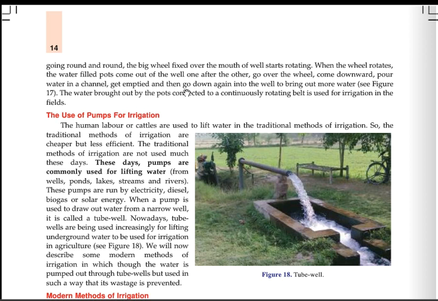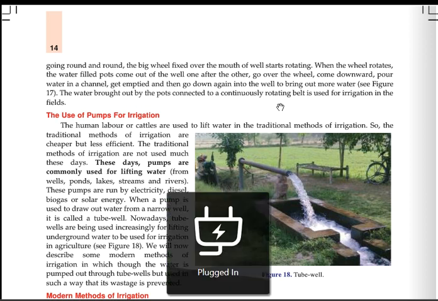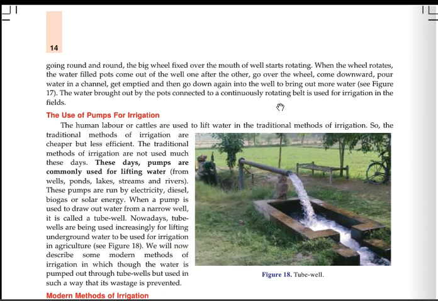The big wheel fixed at the mouth of the well starts rotating, and when the wheel rotates, the pods filled with water come out of the well, get emptied, and then go down again into the well.